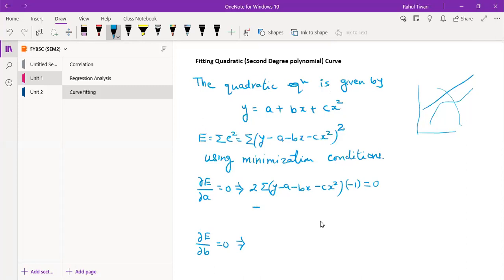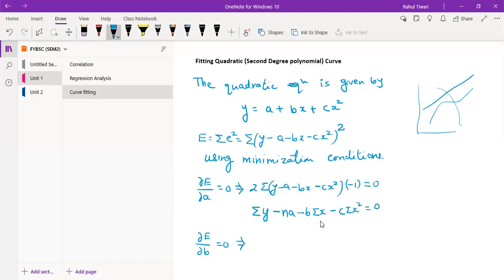If you just open the bracket, summation of y minus, if you open this bracket with constant, you know it is n with a, right? Again, if you open the bracket, minus b times summation of x, because this time variable x we have, again minus c times summation of x square, equated with 0.